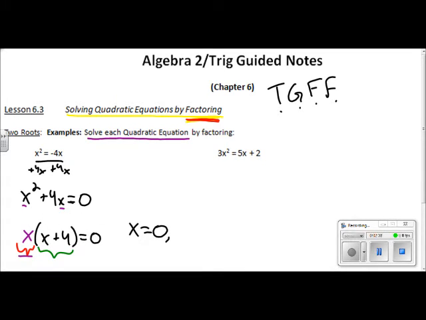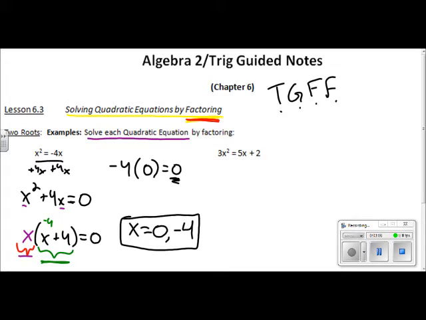If we are just looking at this part of it, we want our x to be negative 4, because negative 4 plus 4 would be 0. That way our outside x would be negative 4 times negative 4 plus 4 is 0, and negative 4 times 0 is 0. So that would be true. So we can either have x being 0 or x is negative 4. These are our two solutions.